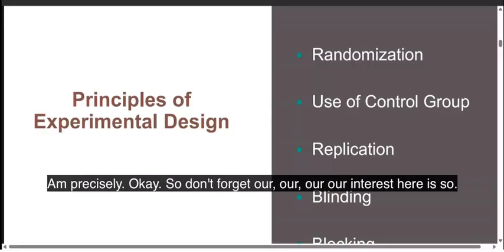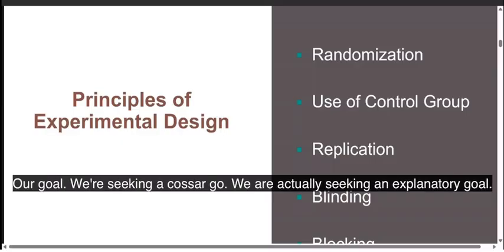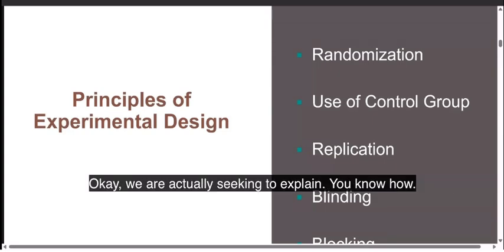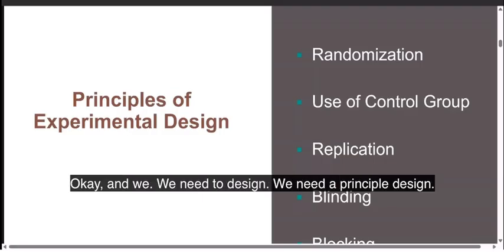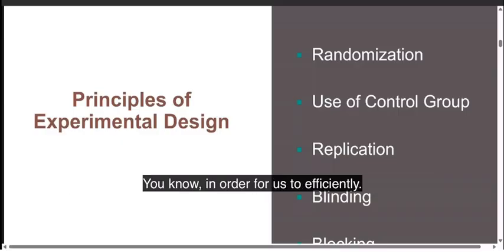Don't forget, our goal is a causal goal, an explanatory goal. We are seeking to explain how a particular variable causes the other, and we need principles of experimental design in order to efficiently and precisely estimate that.